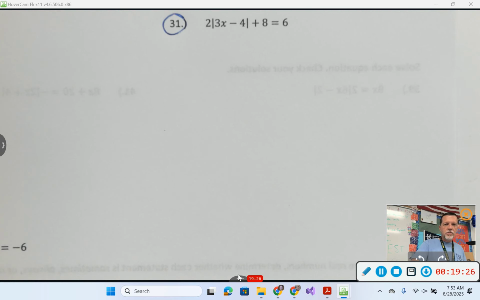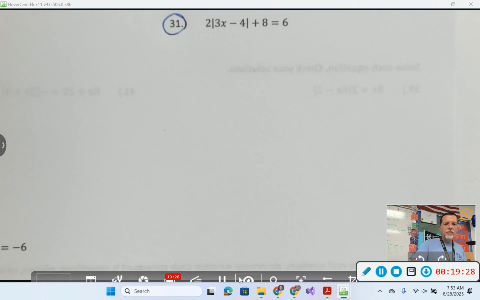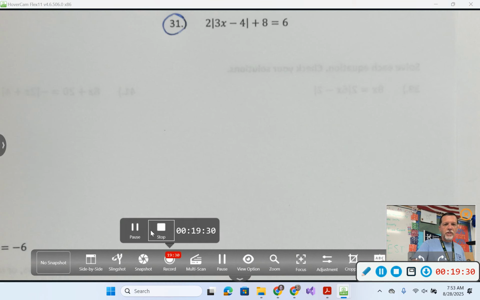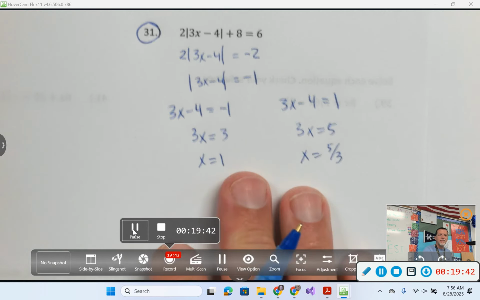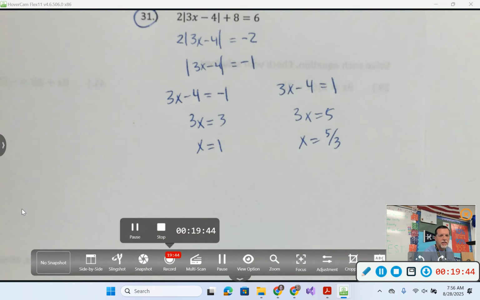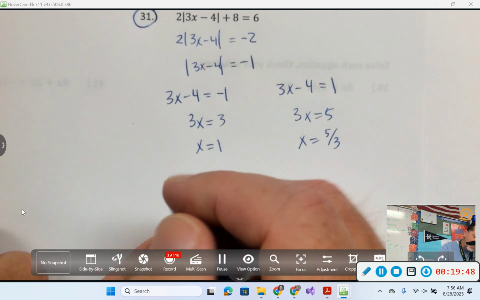So try 31, and if toward the very end you get something weird looking, you might be doing it right. Right? Isolate, separate, but then check. Oh, now I need another word that rhymes with isolate and separate. Investigate. Let's plug in 1 and see what happens.